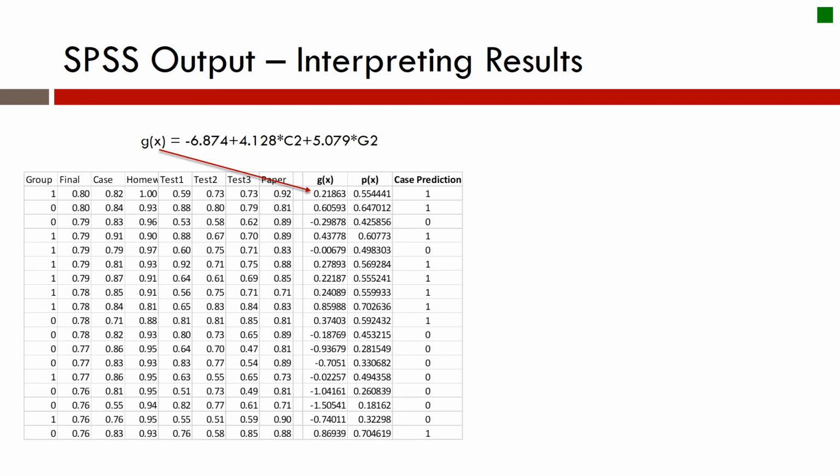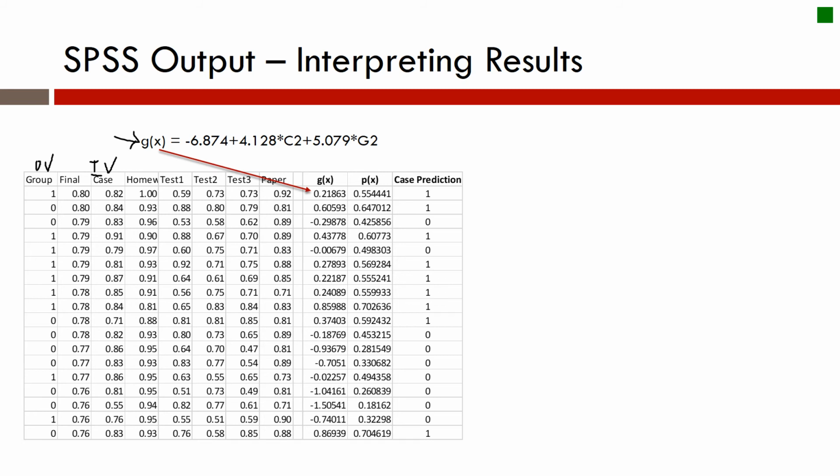So here we're looking at an Excel sheet with our raw data, and we're looking at the group identifications, and I just grabbed some data from the data file. So this is our DV here, the group that they're in, and then we have our IVs here. And this is the G sub x function, which we just saw on the last slide.